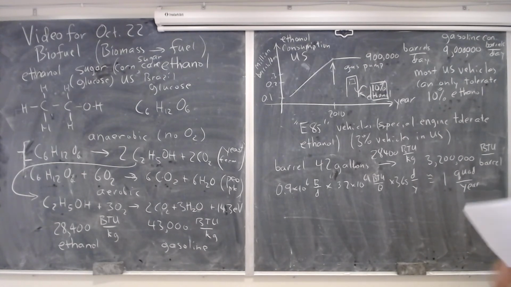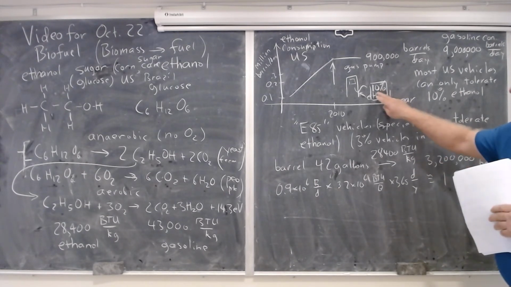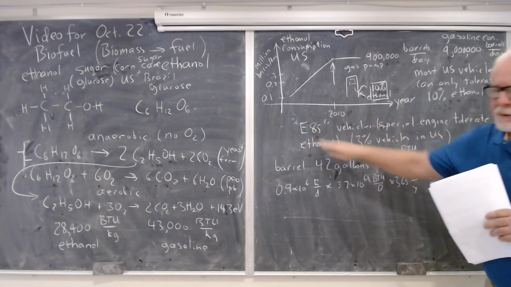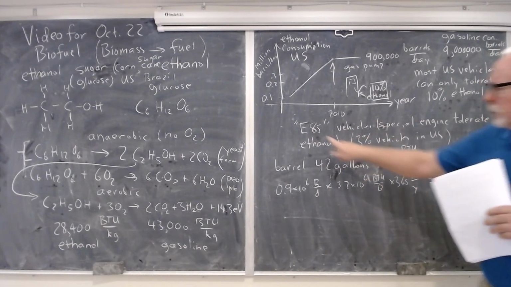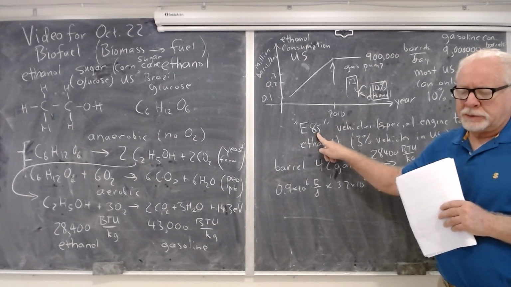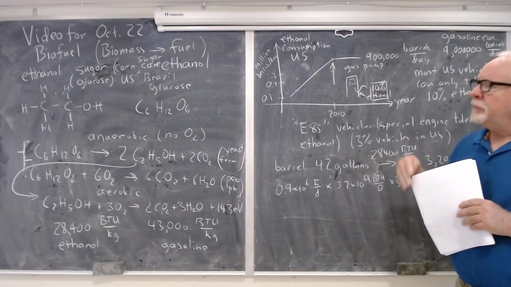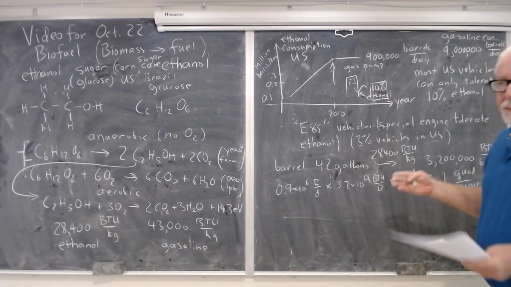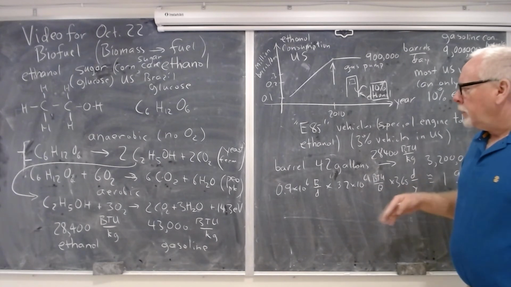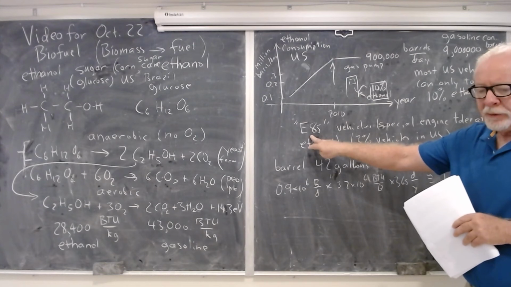I'm not exactly sure why the break point is 10%, then 15%, and then 85%. Now in Brazil, most of the vehicles are E85, and so they actually consume far more ethanol than gasoline. But here the limiting step is to a certain extent the gas stations, who say, well, we have to put in a new pump. And in some places they do that. Every once in a while you see an E85 pump.